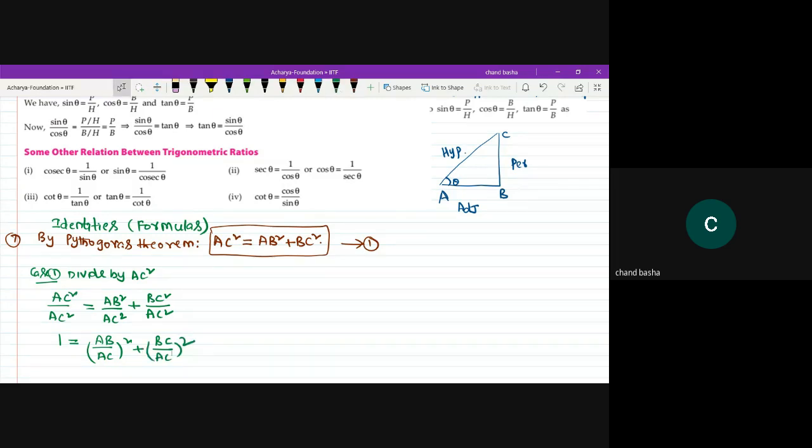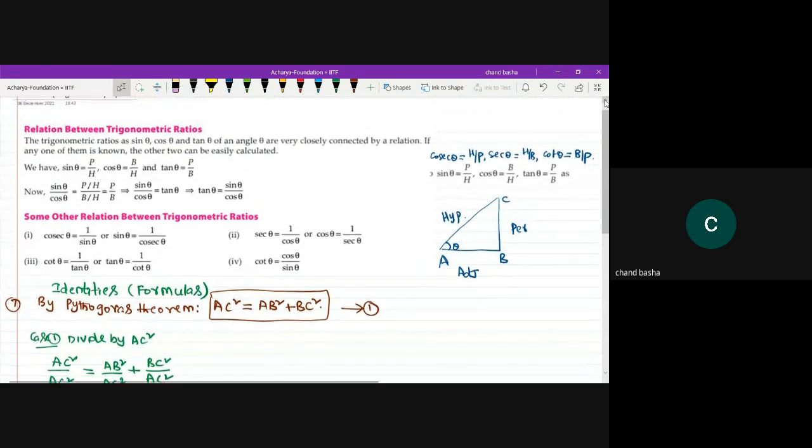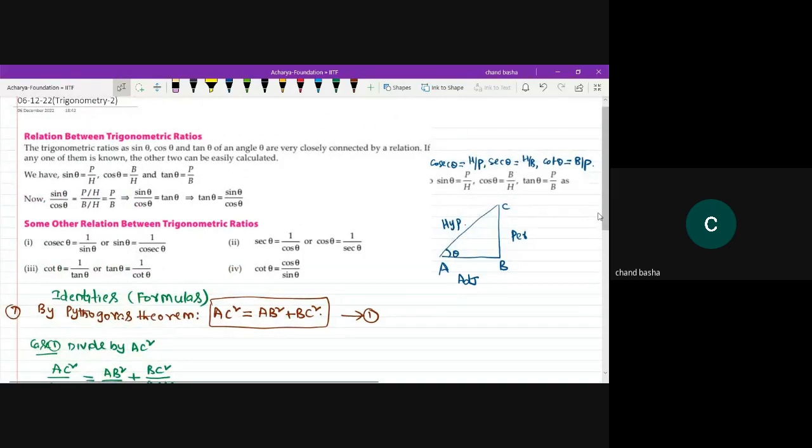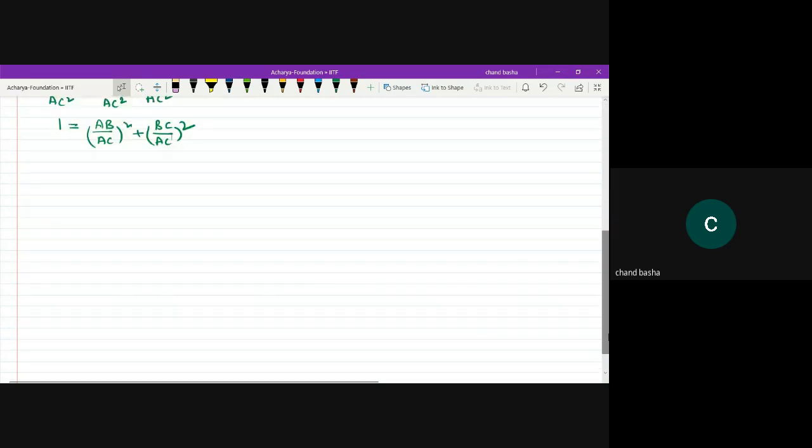Just now I told you what AB upon AC and BC upon AC mean. AB upon AC is adjacent upon hypotenuse. It is cos theta. So 1 is equal to cos theta whole square.